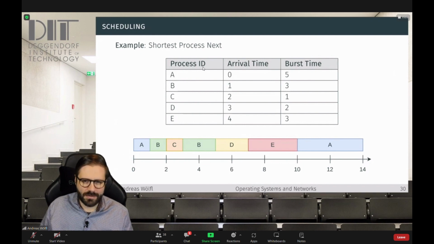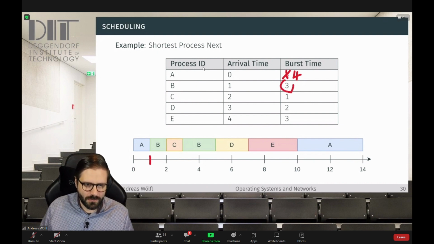So at time 0, again, we have process A, and on time 1, here you see it, we have a context switch because the remaining burst time at time 1 of process A is 4 because it executed for a single time unit. So the burst time at time unit 1 for process A is 4.